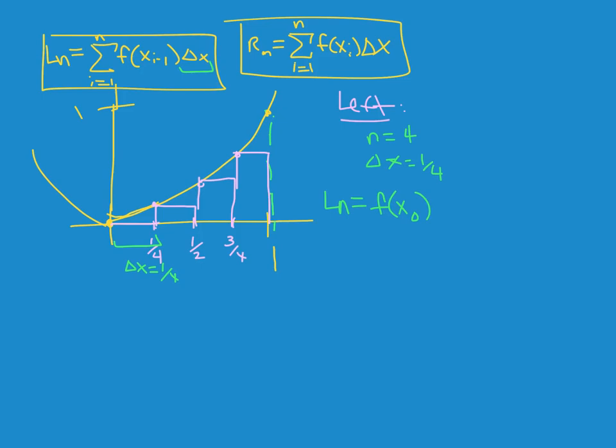Oh, sorry, these are all times delta x. This is my term when i equals 1. You'll notice that I have f of 1 minus 1, which is 0. My term when i equals 2 gives me f of x sub 1. Then I have that, and so I get this whole thing when I write everything out.